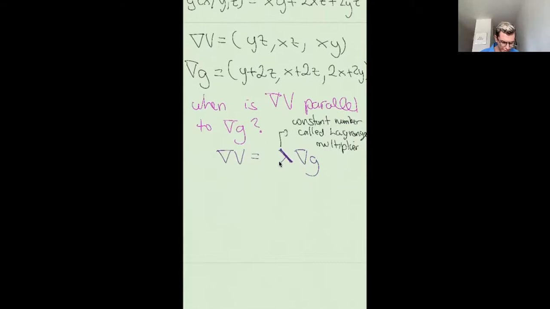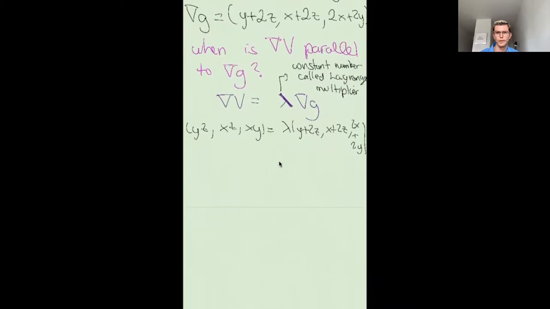So this gives you an equation: (yz, xz, xy) equals lambda times (y plus 2z, x plus 2z, 2x plus 2y). Remember, two vectors are equal if their entries are the same.